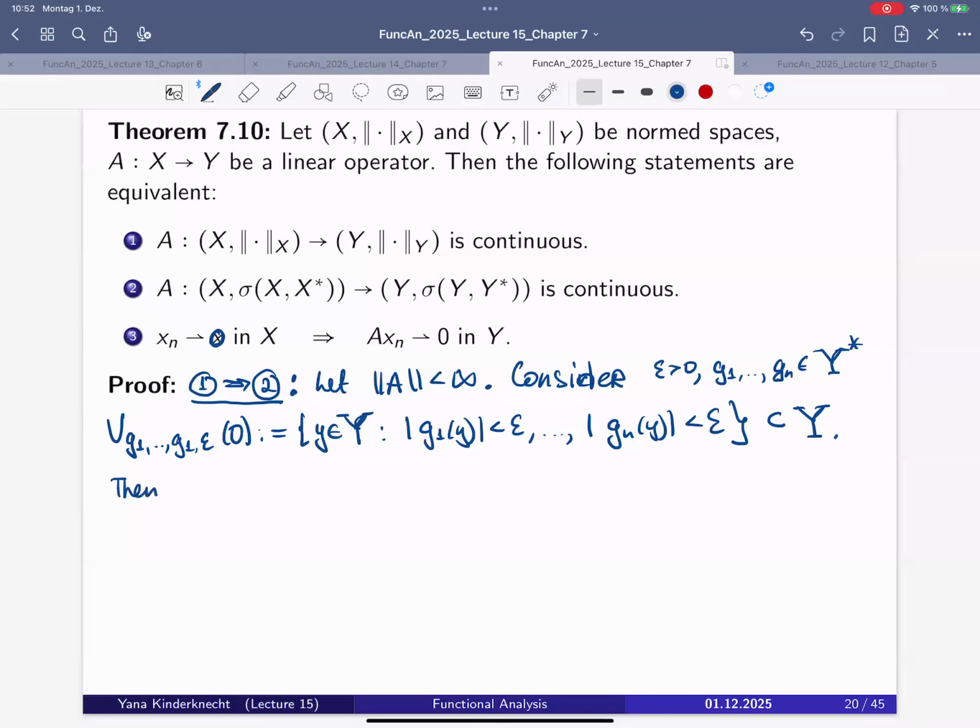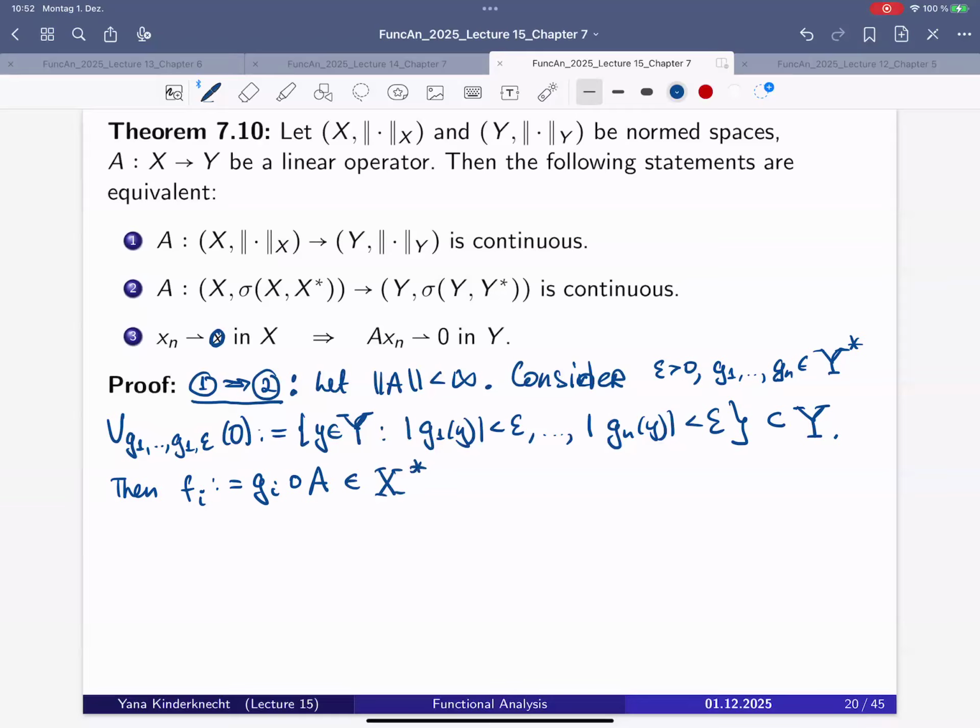Having this, we may consider functionals f_i, which are defined as follows. These are g_i composed with A. g_i and A both are linear mappings, and they both are continuous and hence bounded linear mappings. So a composition of continuous linear mappings is a continuous linear mapping, and it is then an element of X star.